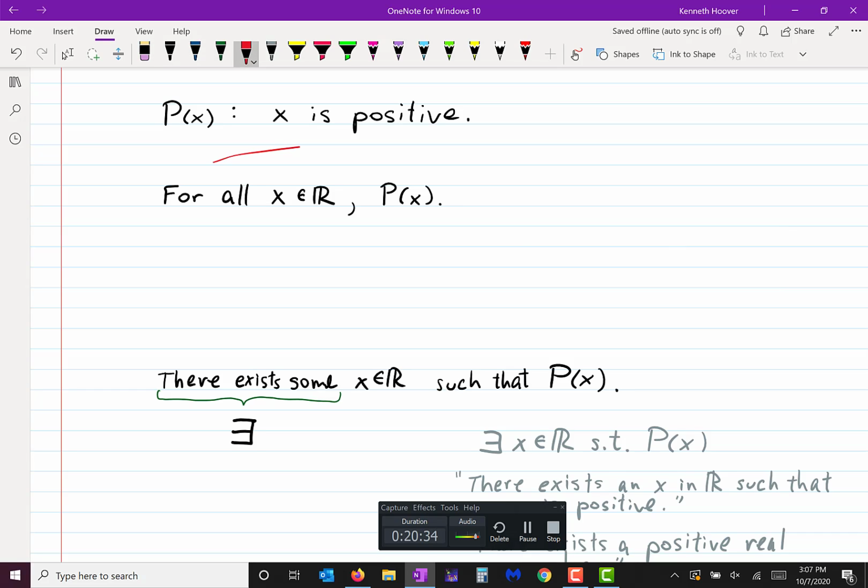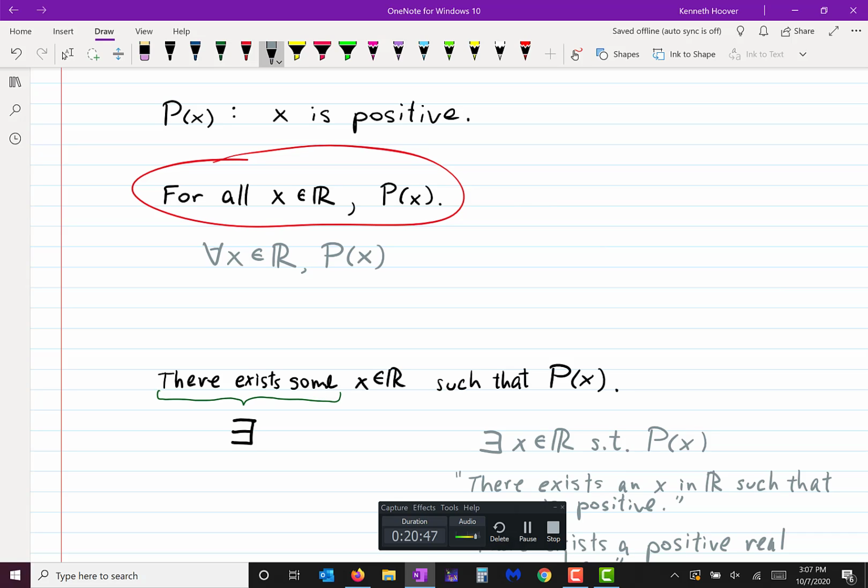So this statement right here, which is a universal statement, for all x in R, x is positive, can also be written as a conditional. If you really don't want to use a quantifier, you can get around that by saying, if x is in the real numbers, then x is positive.